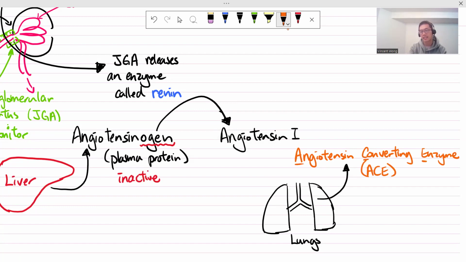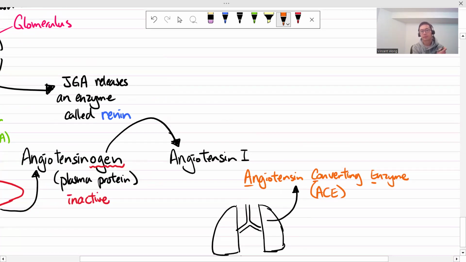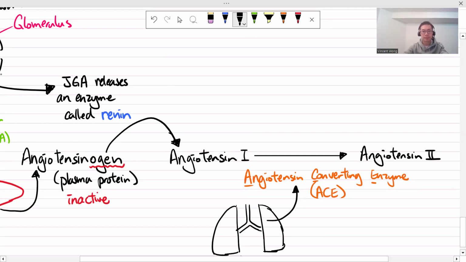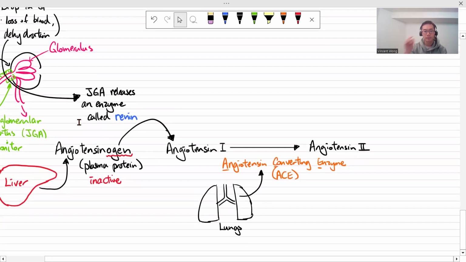Angiotensin converting enzyme. And what is it going to convert? Well, as the name implies, it's going to convert the angiotensin number one into angiotensin number two.